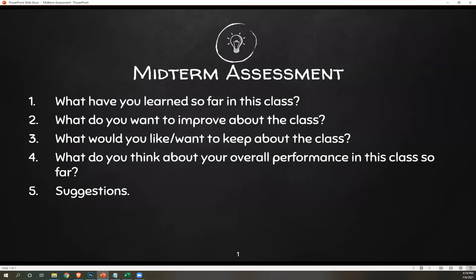You can either use Word or PDF file, it doesn't matter. You're just gonna answer the following, similar to your course expectation. Number 1, what have you learned so far in this class? Basically, you'll write down what you understood the most, your favorite topics, meaning the topics that you could teach someone else if needed, topics that you could have mastered.